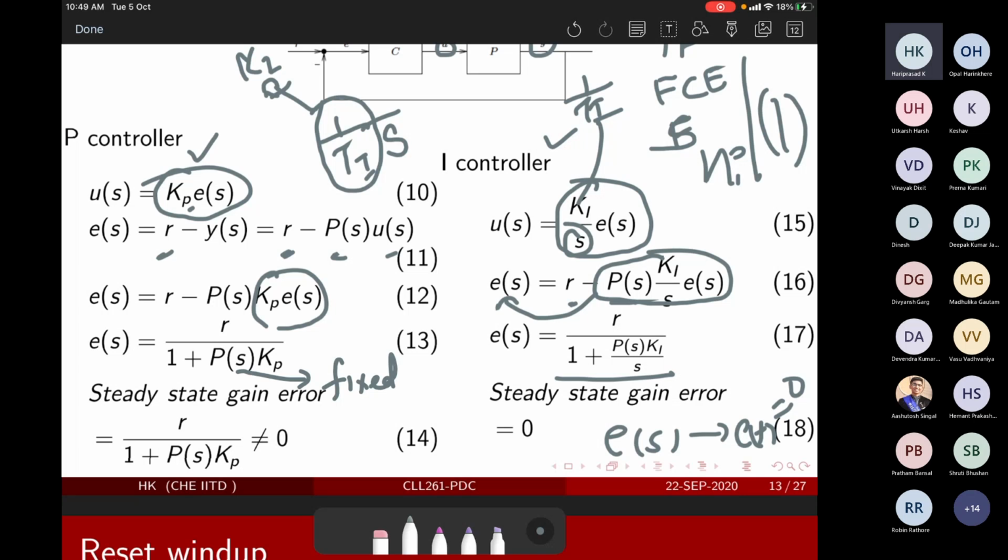Whether it is a tank system, a heater system or a reactor, it is fixed, and you can only play with Kp.